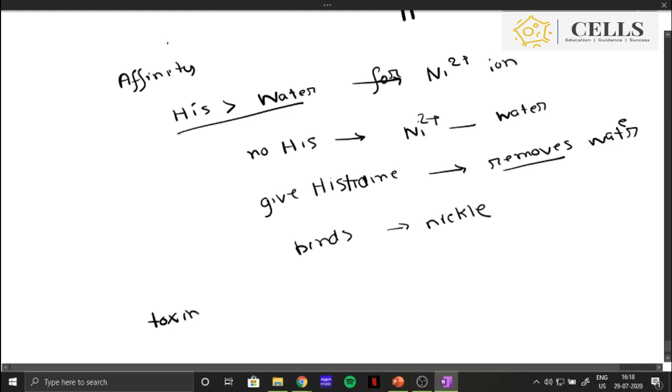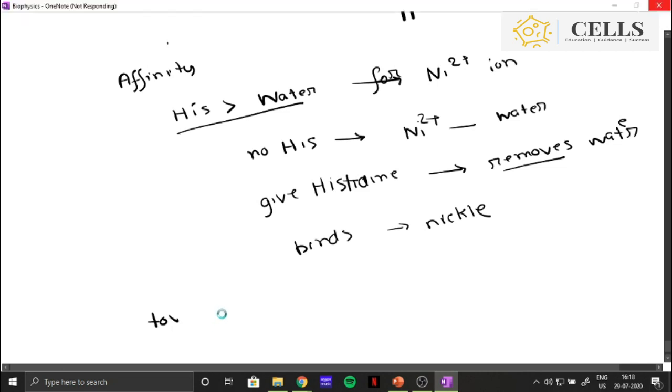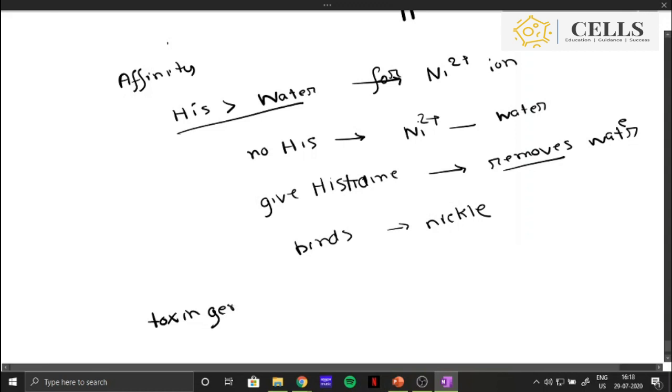Why do you have a toxin gene? Because suppose you need to find the structure of the toxin protein.